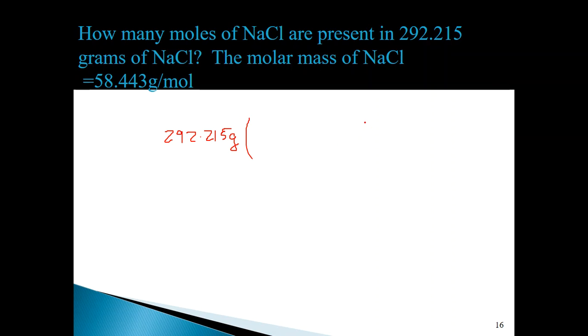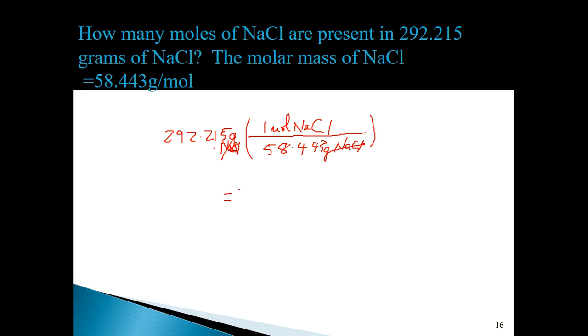Fortunately for us, they gave us the molar mass of sodium chloride, so we don't need to worry about calculating it. This is NaCl, and you're going to put 1 mole of NaCl here as a numerator, and down here the molar mass, which is given: 58.443 grams of NaCl.